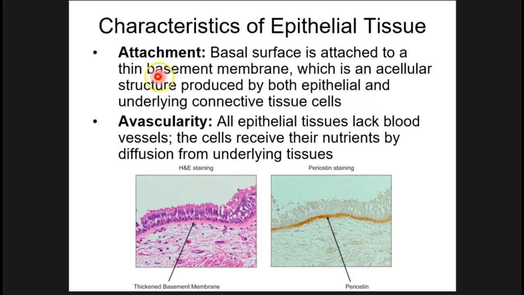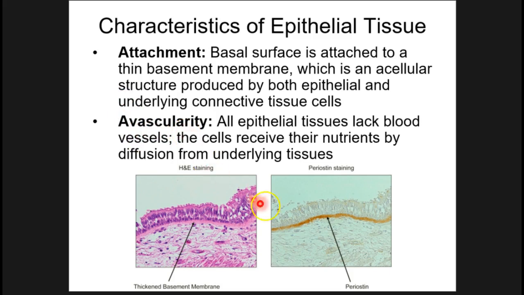All epithelia are going to have a basement membrane, which means that there's a place where they attach to the rest of the tissue that separates them from the rest of the tissue. And beyond that basement membrane, they are avascular. What does the prefix a mean? Without. And vascular?